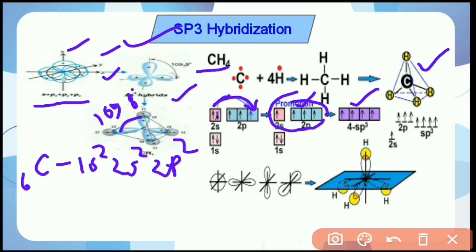So this is the carbon forming 4 bonds with hydrogen, its geometry is tetrahedral, and the bond angle between two bonded atoms is 109 degrees 28 minutes. So the regular geometry in sp3 hybridization is tetrahedral and the angle is 109 degrees 28 minutes.